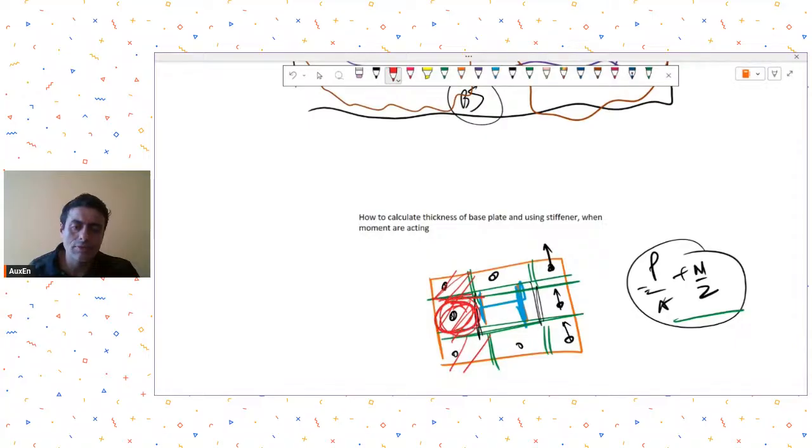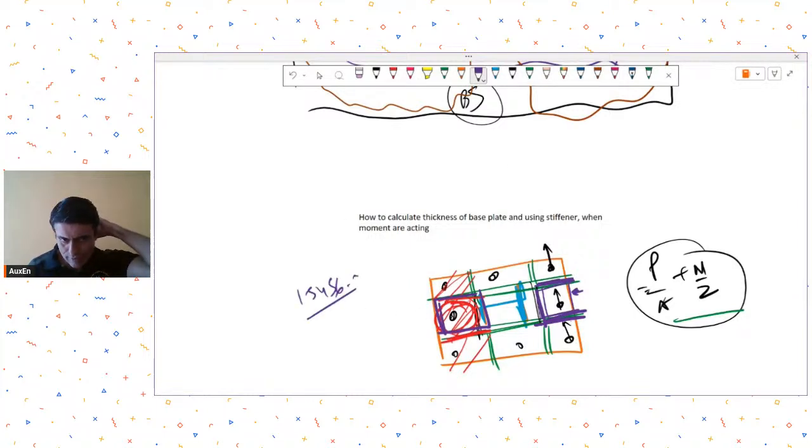Assume that these stiffeners are helping you to provide a restraint, and then this becomes your panel size. Now in this panel, this edge is supported by the stiffener, this edge is supported by the stiffener, this edge is supported by the stiffener, this edge is free. So you may try and refer to the coefficients as given in IS 456, although they are not given for steel, but we are still using them because they give you the two-way slab action.